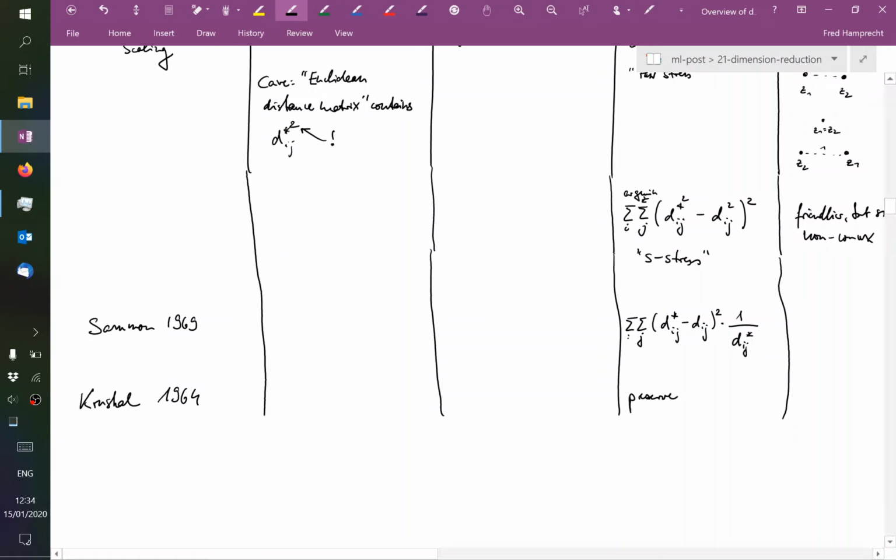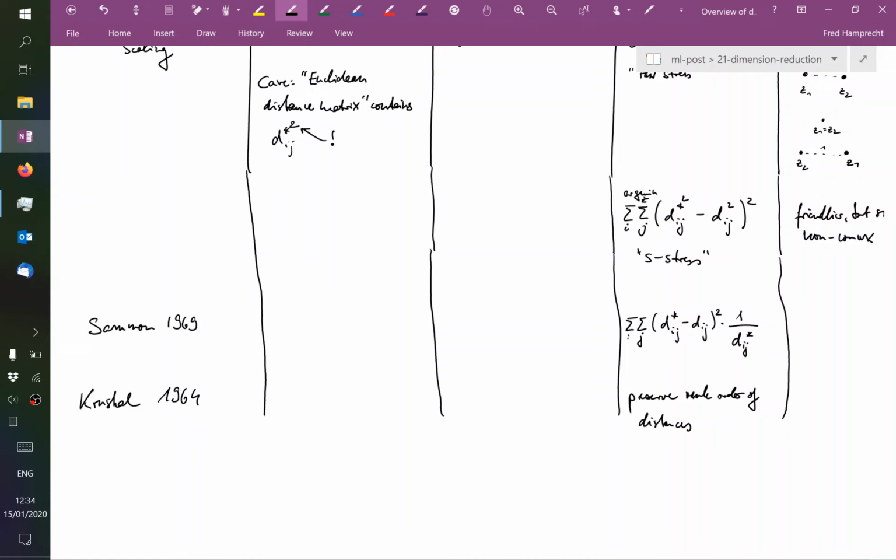I'm only going to put it in words here, because the procedure is pretty complicated, and in our cases, where we're given points in high-dimensional space, we can compute all distances, so we don't really need to do this more complicated thing here.